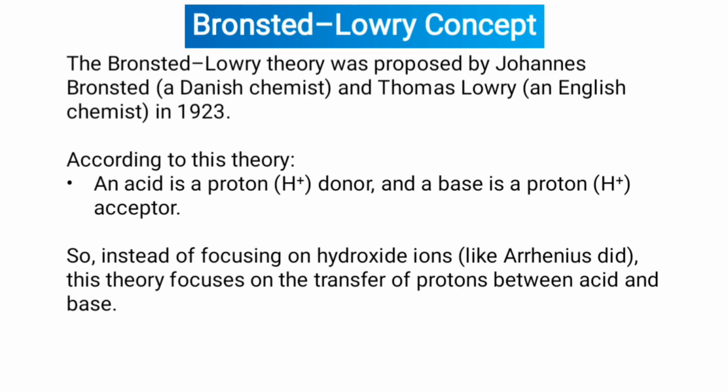According to this theory, an acid is a proton, meaning H+ ion, donor, and a base is a proton, meaning H+, acceptor. So instead of focusing on hydroxide ion like Arrhenius did, the theory focuses on the transfer of protons between acid and base.